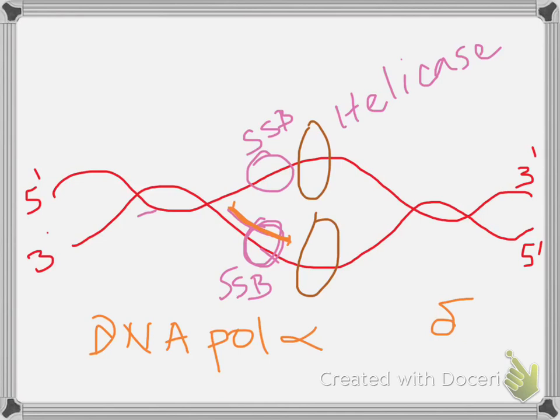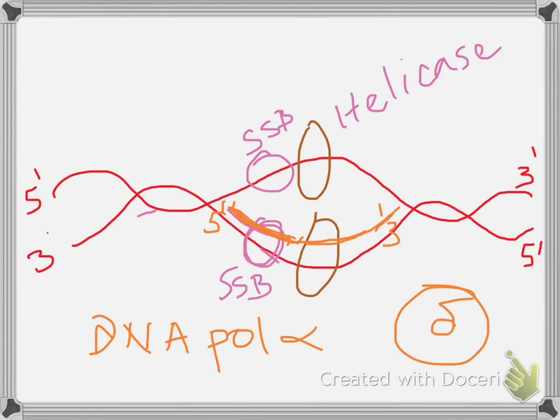So first of all, DNA polymerase alpha synthesizes the RNA primer, and to this the nucleotides are added, or it is continued by, DNA polymerase delta, and the direction is always 5 prime to 3 prime. The newly synthesized strand is always in the 5 prime to 3 prime direction.